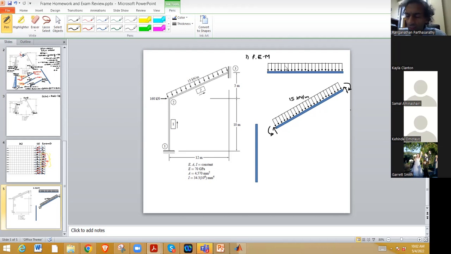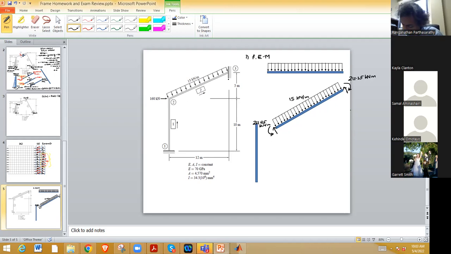Okay, so what is WL squared by 12? The length of that inclined member is 13 meters. So WL squared by 12 gives 211.25. So you got 211.25 kilonewton meter at each end, right? Now, what are these two forces?